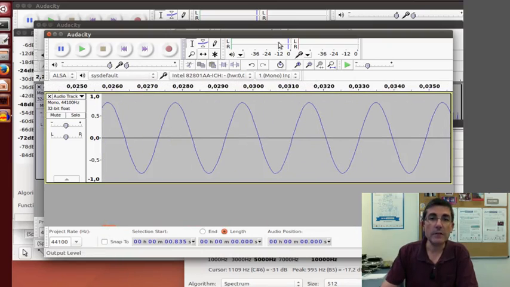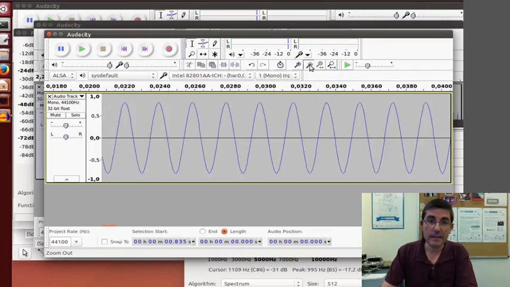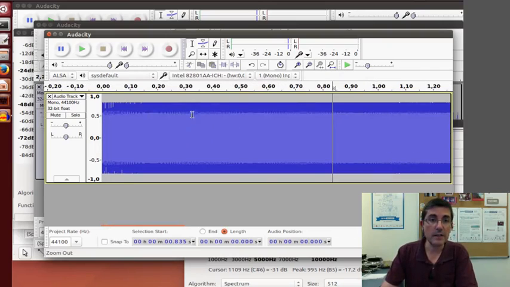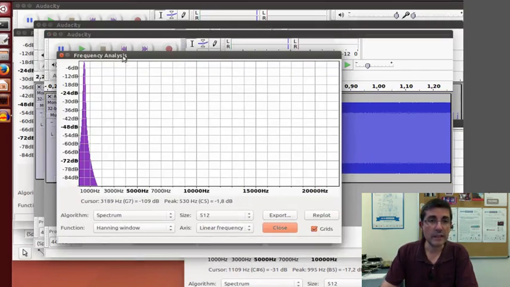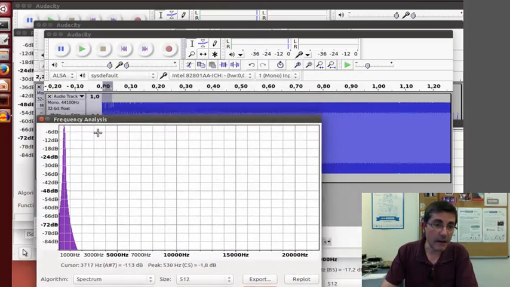Of course we can visualize that by analyzing the spectrum of this signal. If we select a portion at the beginning and analyze the spectrum, we will see that it has a frequency around 500 hertz.